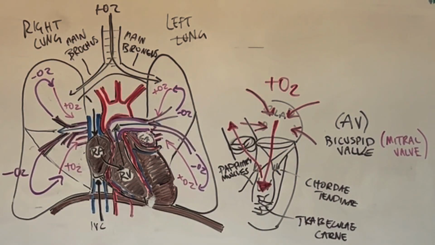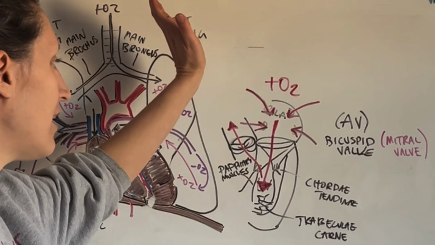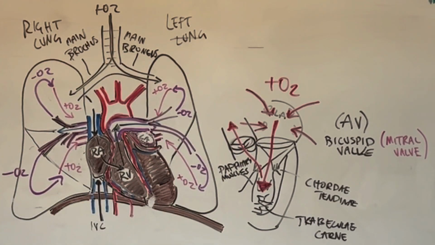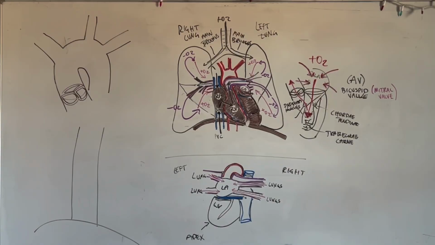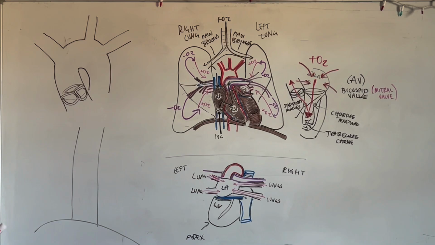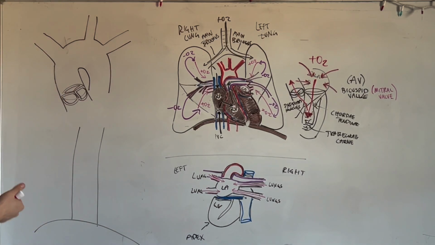So when I pump blood out of my left ventricle through my semilunar aortic valve, it'll enter into the aorta. Now we need to do a little bit of aorta talk. All right, so let's talk about our aorta. We just came from our left ventricle. It pumped super hard and shot blood through the semilunar valve at very, very high pressure.